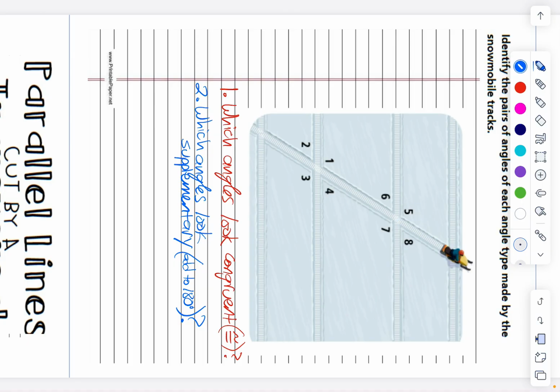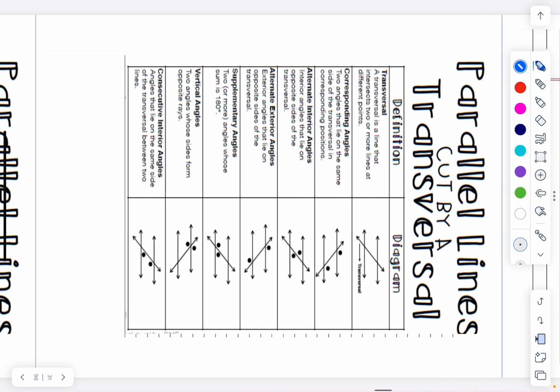We've already learned those and done a bunch with them. The new ones will be ones like these two, or perhaps 7 and 3, those kind. And then 7 and 1, etc. Those are the new kind. So angles that aren't touching each other, they're sort of spread around the figure. And each of those pairs will have a name, just like we have vertical, linear pair, etc.